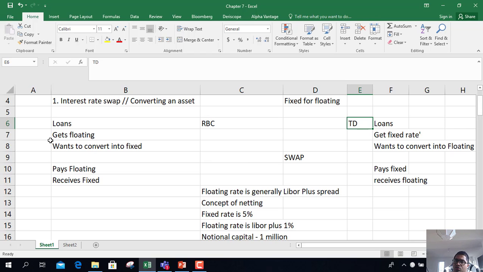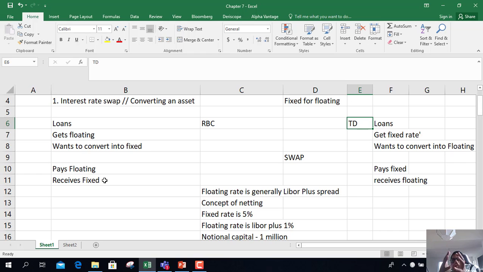RBC wants to get a fixed interest rate by converting whatever floating interest it gets. So how will it do it? RBC will get into a contract whereby it pays floating. So it pays floating rates into the swap to the other party and it receives fixed from the swap.